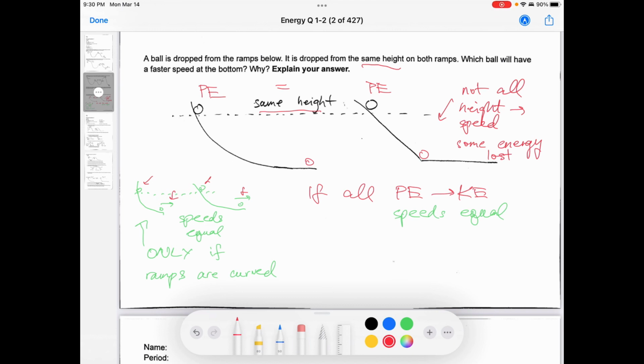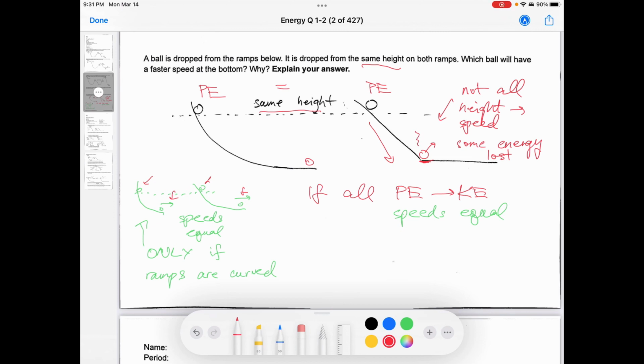And why do you think energy is being lost when the ball goes down this ramp? It's because when the ball hits this part of the table, it bounces a little bit. And so when it bounces, it loses energy.